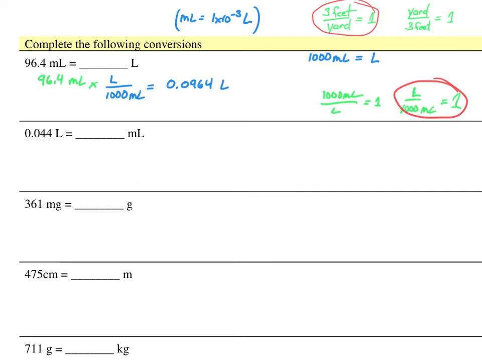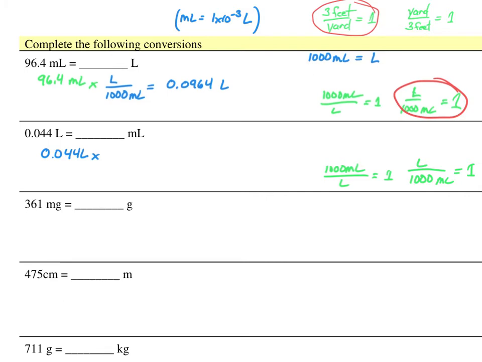In our next problem, we're going from liters to milliliters. It's going to use the same two possible conversion factors, that 1,000 milliliters is equivalent to a liter, and a liter is equivalent to 1,000 milliliters. We'll write down our initial number, 0.044 liters, and we're going to multiply it by a conversion factor.